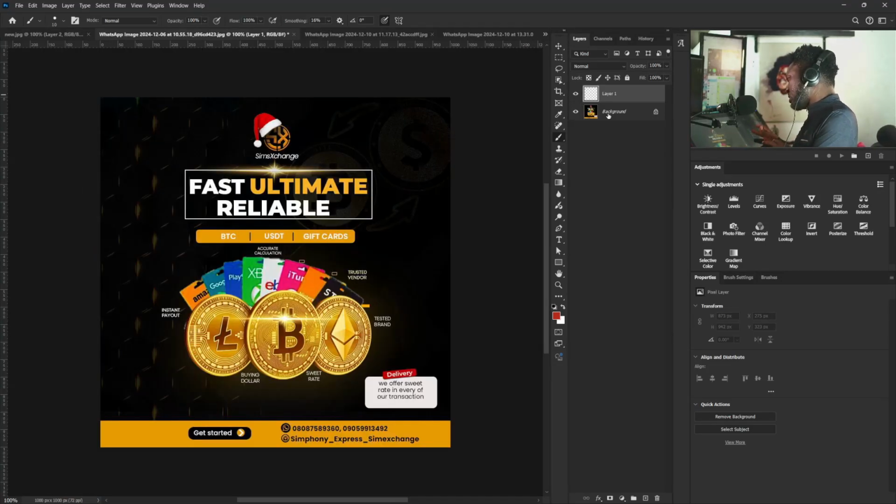This project is a bit successful. The hierarchy here is still preferable, and I'll tell you why. Most times when you place texts at the upper part of your frame like this, what you're trying to say is you want people to read this information first.